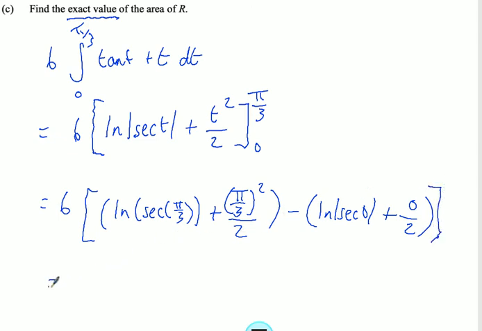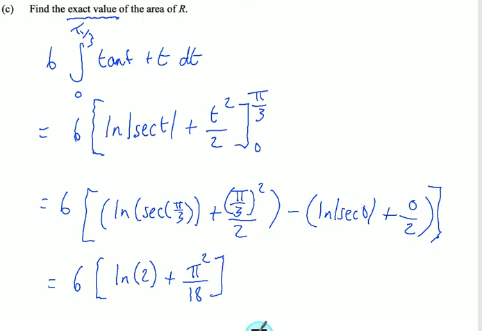Okay, so that is 6 lots of, well, sec pi over 3 is 2, so it's ln 2. Because cos pi over 3 is a half, so sec pi over 3 is 2, plus it's going to be pi squared over 18. And then subtract ln sec 0, cos 0 is 1, ln 1 is 0, plus 0 is 0.